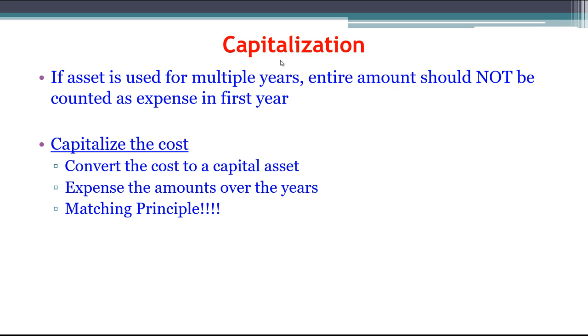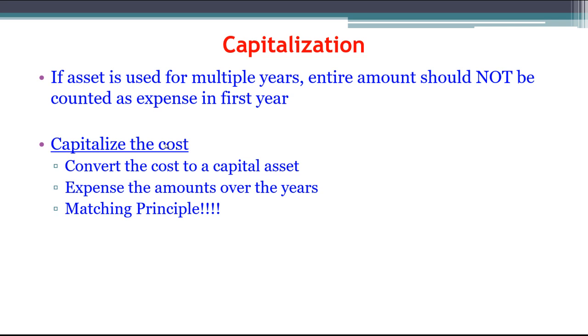But the first topic we need to talk about is capitalization itself, capitalizing the cost. What that basically means is we take that amount that we paid for the asset and we do not expense it right away. Instead, we treat it as an asset immediately, similar to what we did with supplies or even inventory. The big difference there is that with those, we were going to expense most of them that year.